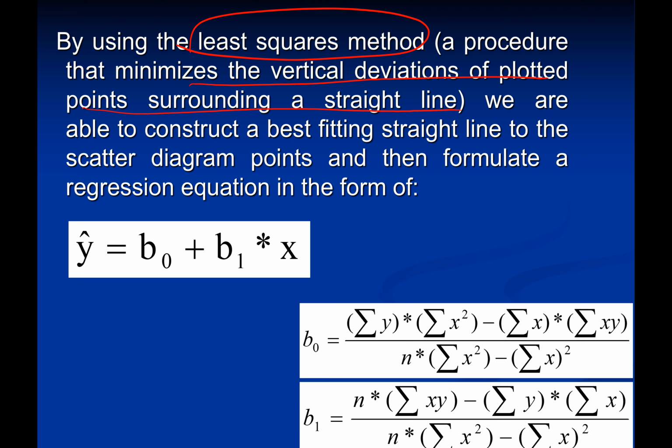So B0 is summation y times summation x squared minus summation x times summation xy, divided by n times summation x squared minus (summation x) squared. B1 is n times summation xy minus summation y times summation x, over n times summation x squared minus (summation x) squared. So again, once you do the prep work, you can also easily find B0, B1.